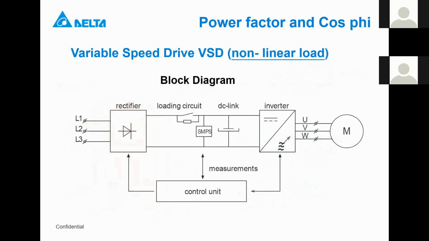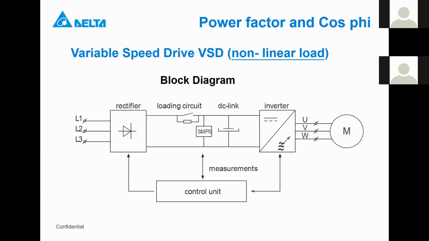Now we go back to our frequency drive. Here you see a block diagram of a frequency inverter. In the front, we have a rectifier bridge connected to the mains. We have an IGBT inverter part connected to the motor.